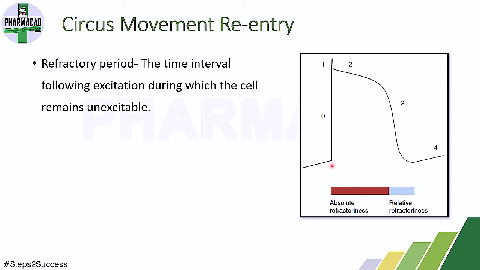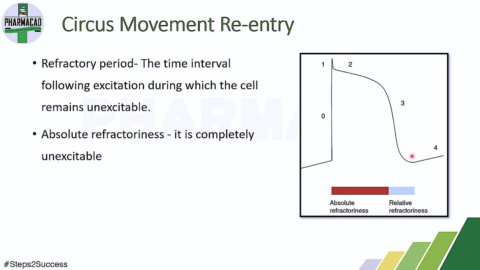That means excitation हुआ यहाँ पे, contraction हुआ यहाँ पे, cell excite हुआ, यहाँ से लेके यहाँ तक, till this time period the cell is unexcitable. cell वापस excite नहीं हो सकता है. क्यों? क्योंकि already ये excited state में है, right? So this period is refractory period.